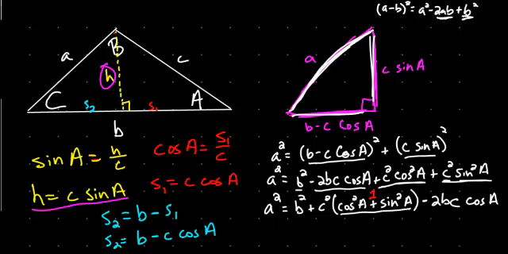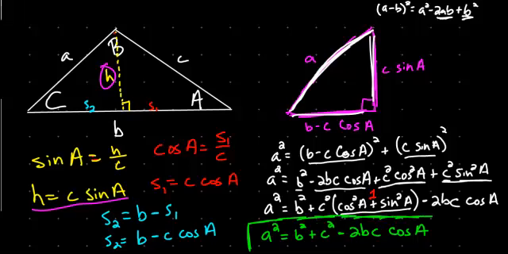So this gives us the desired result that we're looking for, and that's going to be, let me put it in green here, a squared equals b squared plus c squared times 1 minus 2bc cosine of a. And that is the law of cosines. And I hope you agree now that this is the baby of the Pythagorean theorem and the cosine function.